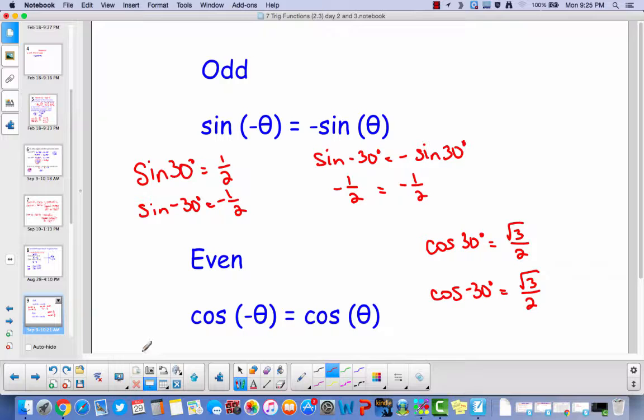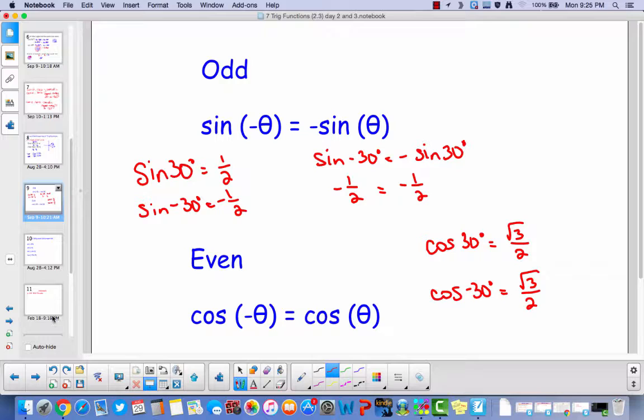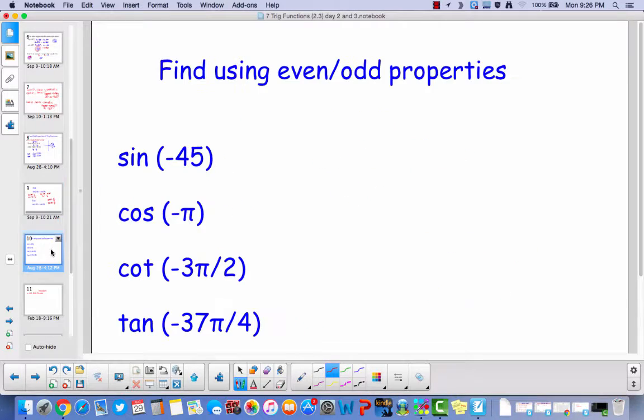Yes, it is. Now you may ask, why are we looking at this? Well, it can help us when we're doing the trig functions when we have positive and negative angles. Yes, you can look at it on your unit circle, but you can also look at it with this. All right, so sine of negative 45 degrees. It's especially going to come in handy when we don't have a unit circle value.